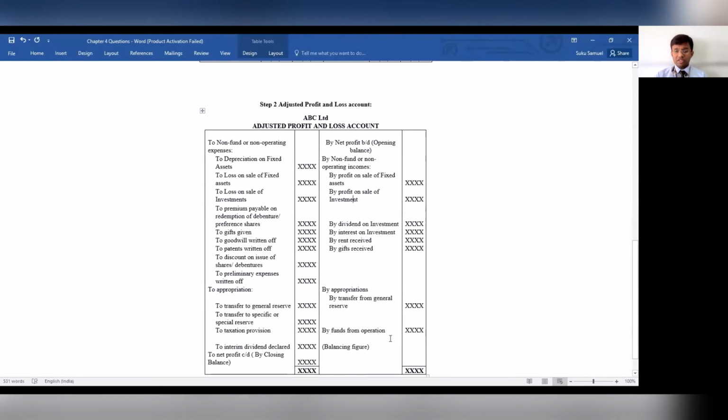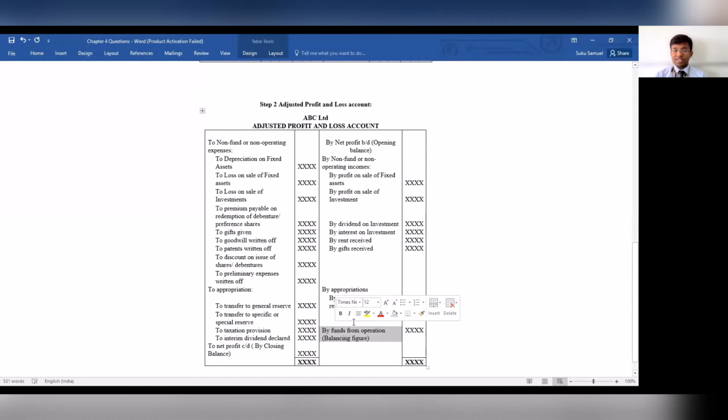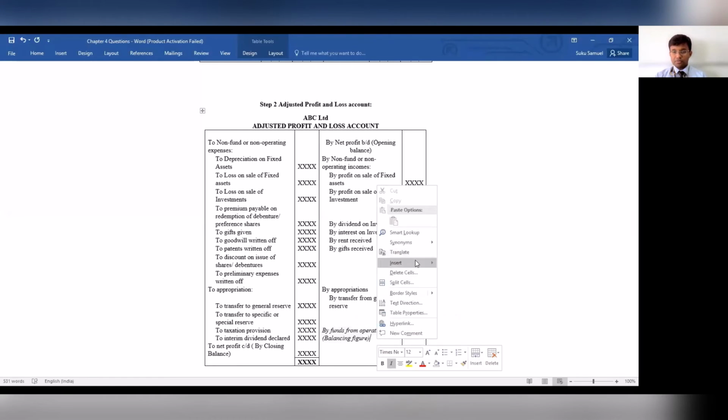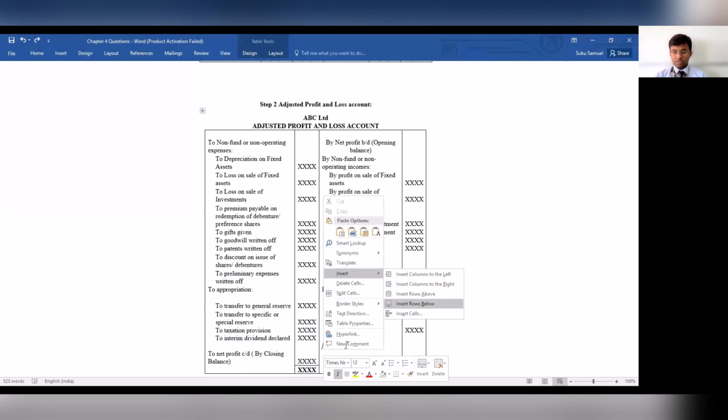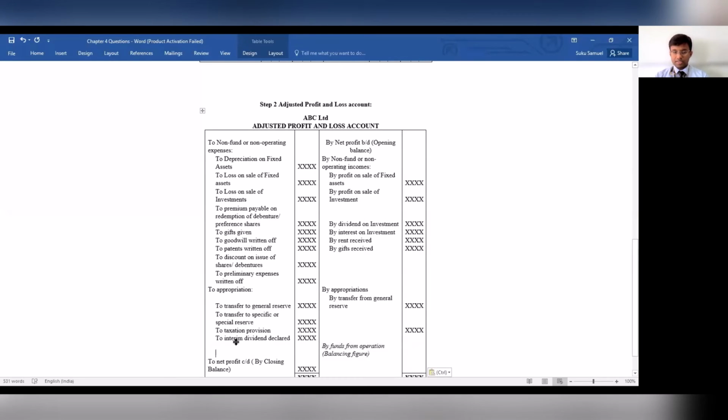It could be quite possible that the balancing figure would fall on the debit side or the credit side. If the balancing figure falls on the debit side, it is funds from operations. If the balancing figure falls on the credit side, it would be funds lost in operations.